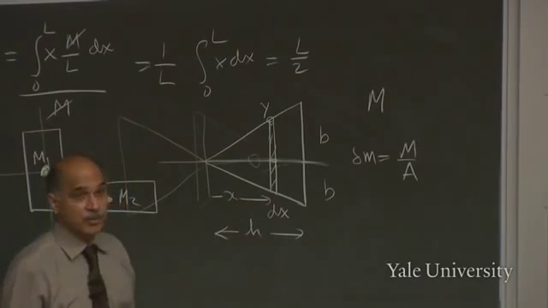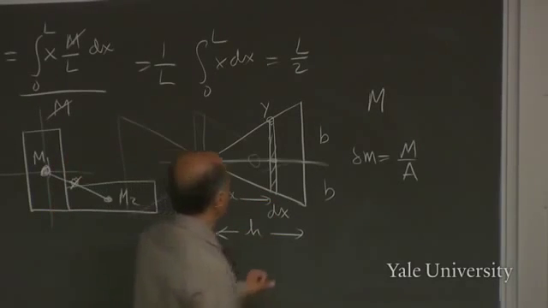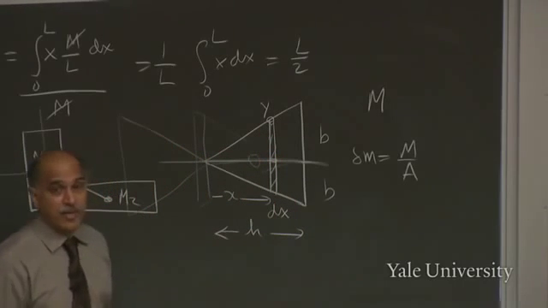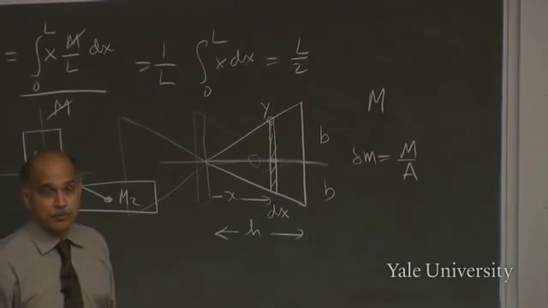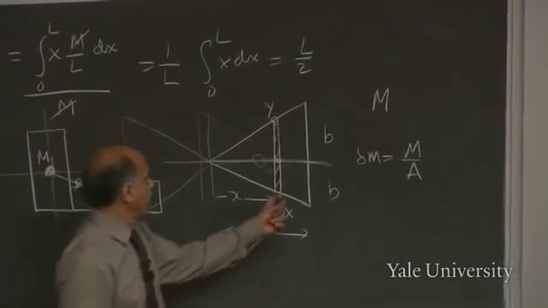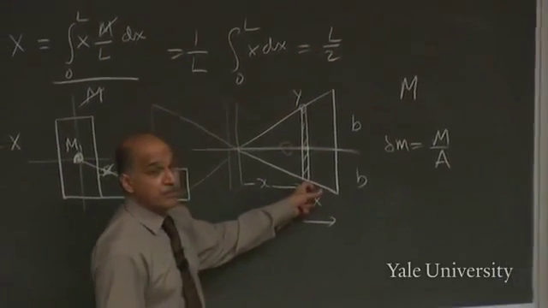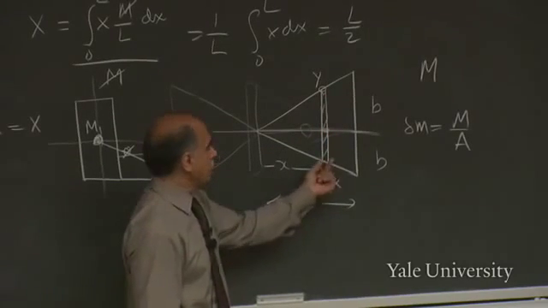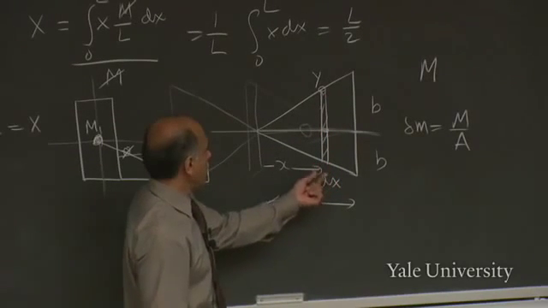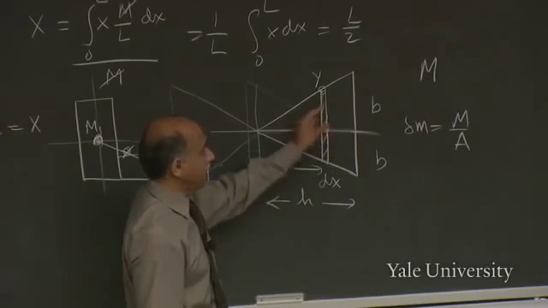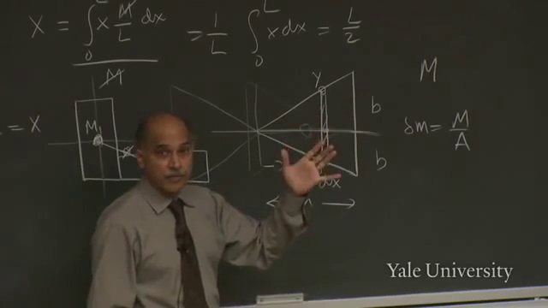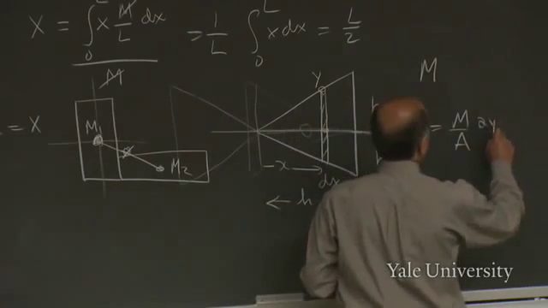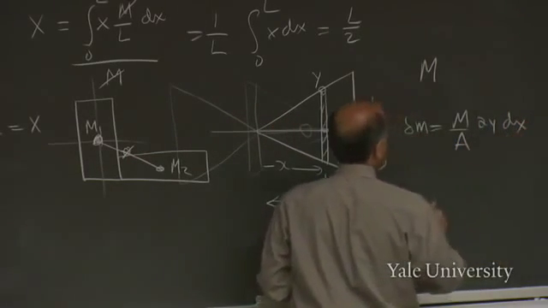The strip has a height 2y and width dx. It's not quite a rectangle because the edges are slightly tapered, but when delta x goes to 0, it's going to look like a rectangle. So the area is 2y delta x.